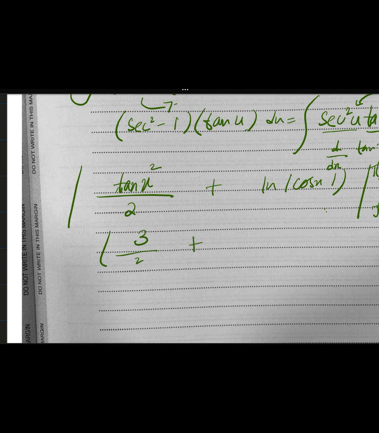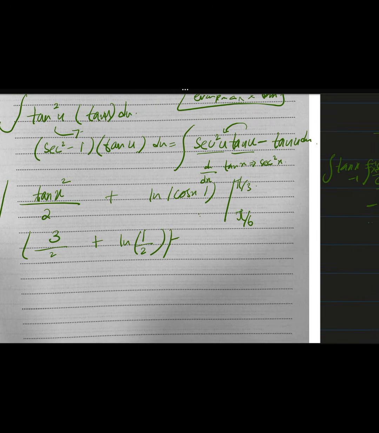plus ln of cos x. So cos of pi by 3 is 1 over 2. So plus ln of 1 over 2, and then subtracted by tan of pi by 6 square. Tan of pi by 6 square is 1 over 3.